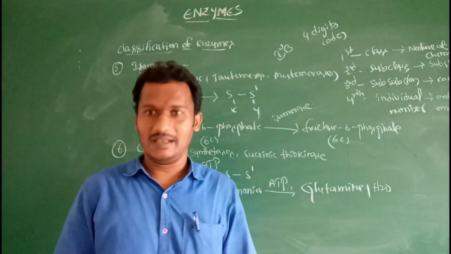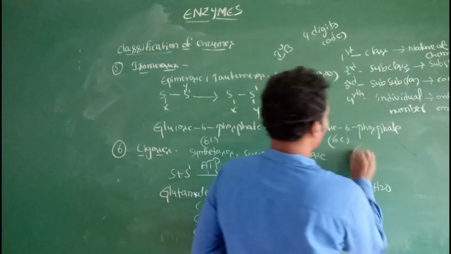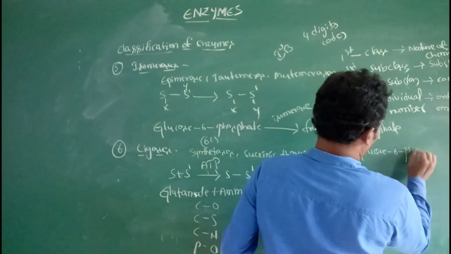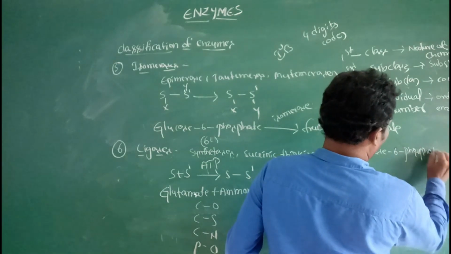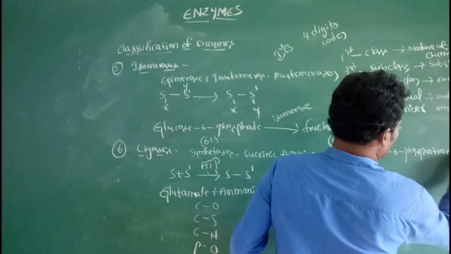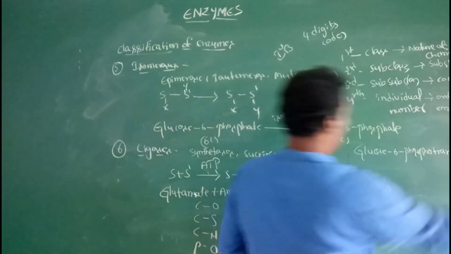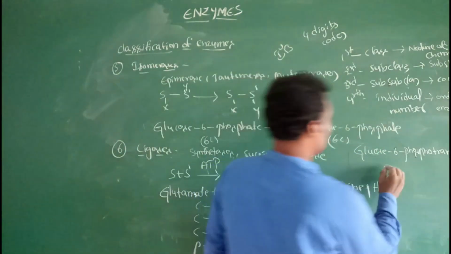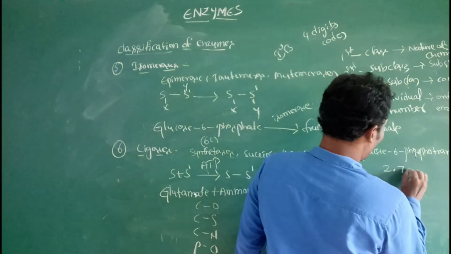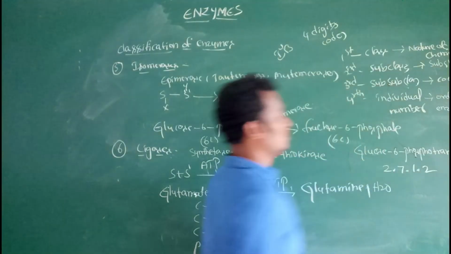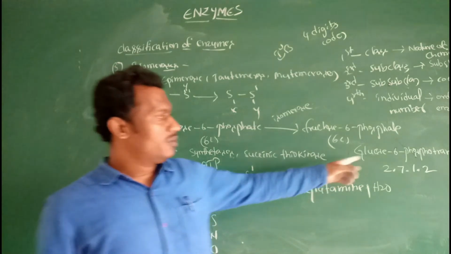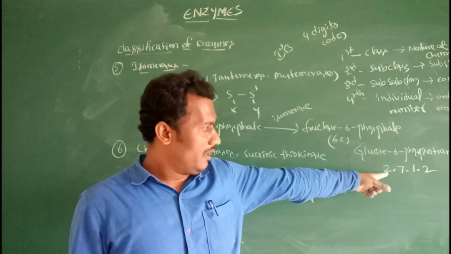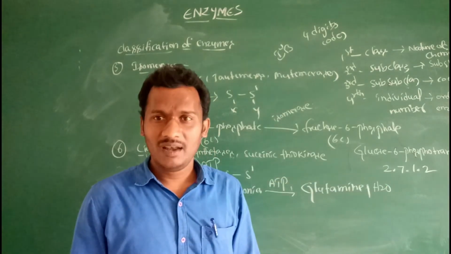Example, glucose 6-phosphotransferase. The enzyme code is 2.7.1.2.